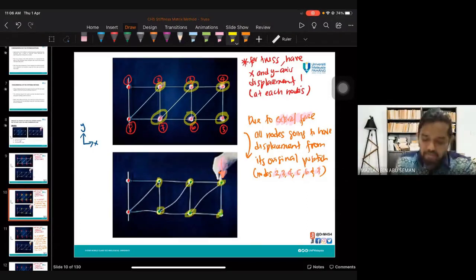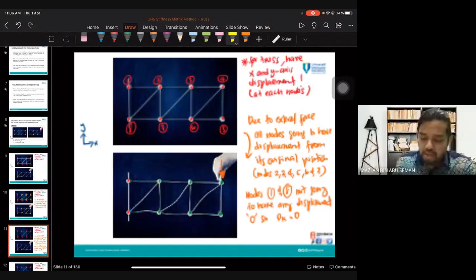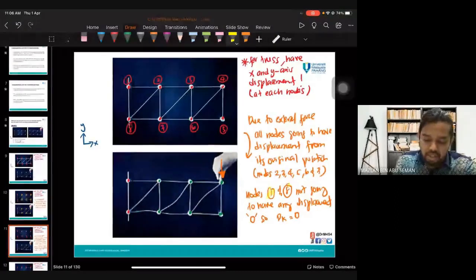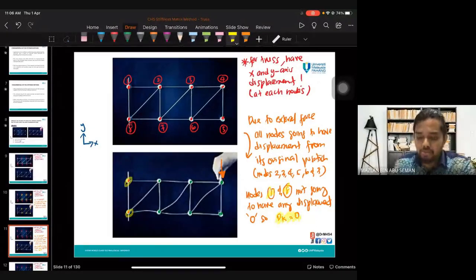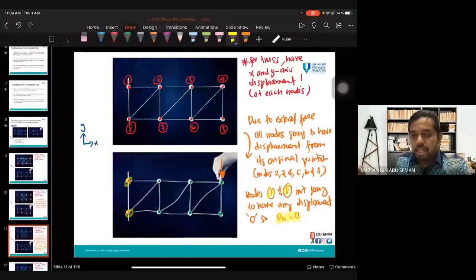However, nodes 1 and 8, because these are supports, the displacement for those is 0, dk is 0. So dk is d known, which is from the support. You know the condition of that, there will be no displacement, which means dk is 0.